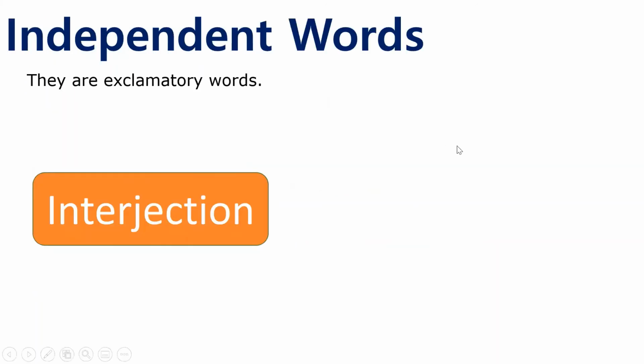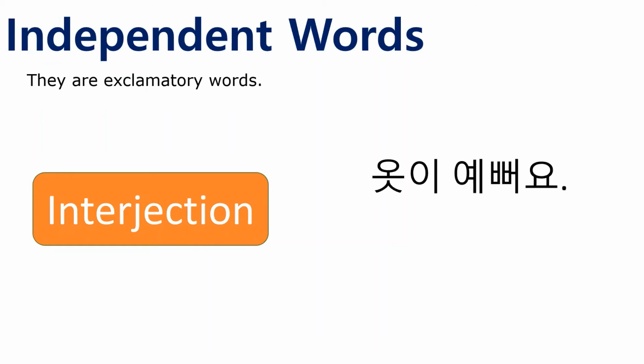In this group, we have only one: interjection. They are words that express feeling, so we call them exclamatory words. For example, you want to say 옷이 예뻐요, which means the clothing is pretty, but before that you can say 와, 와, 옷이 예뻐요, like that.